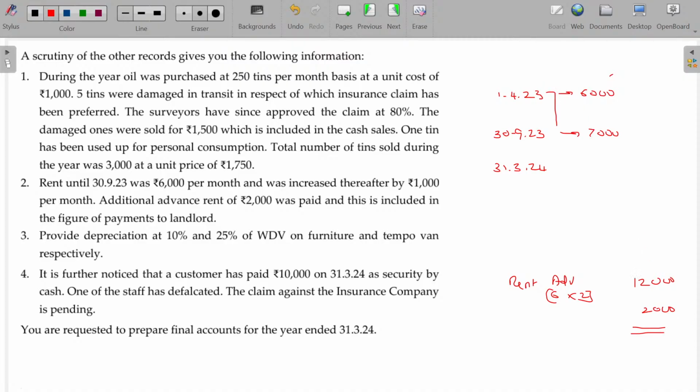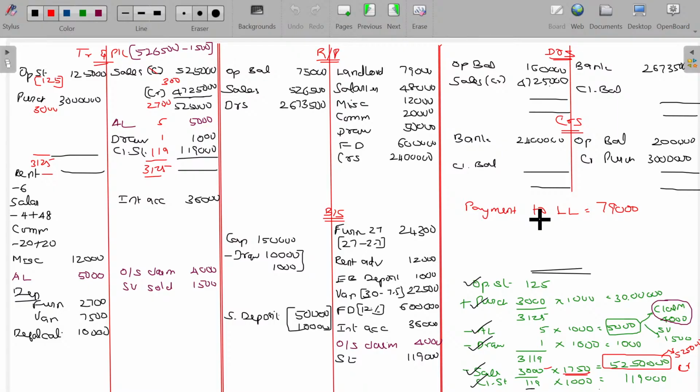Now from this period to this period, 6 months is there, 6 months rent being 36,000. From this period to this period, another 6 months is there, 6 months rent being 42,000. Overall rental expenses being 78,000 rupees. Right. Amount collected from the landlord, how much is that? 79,000.